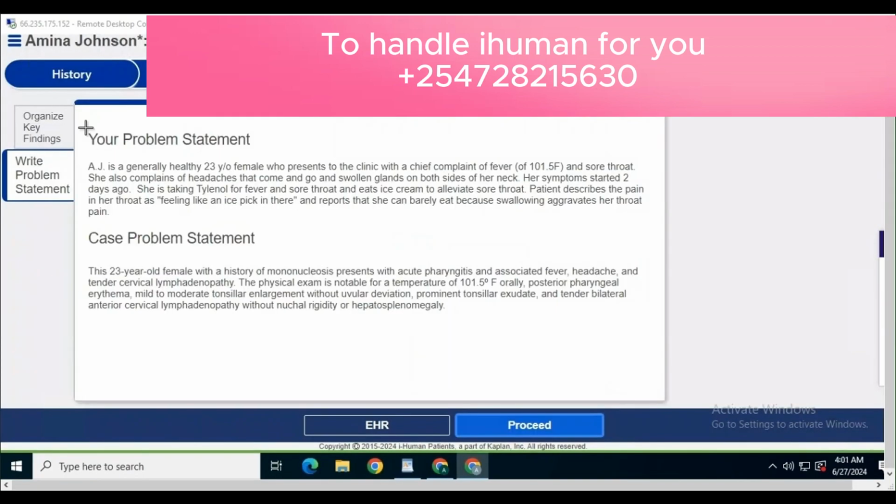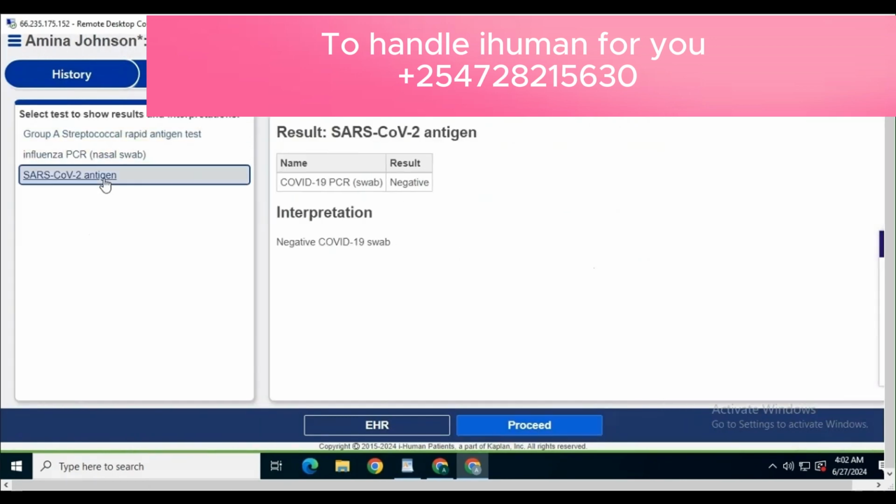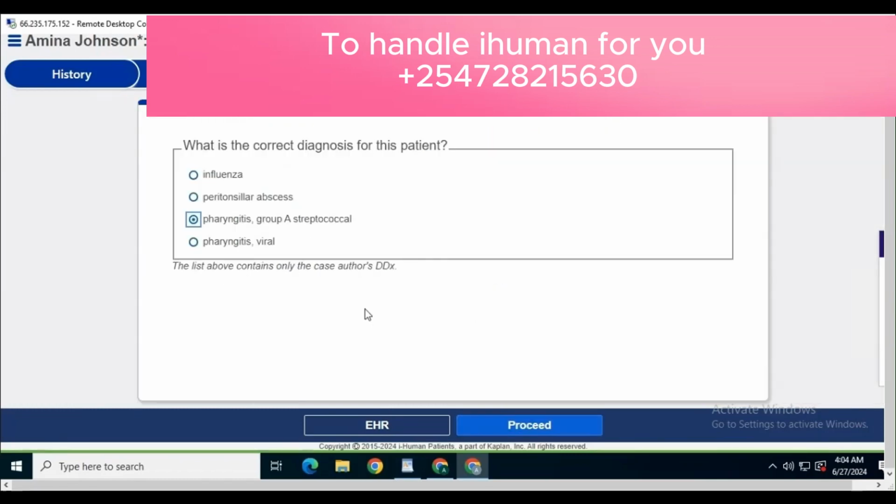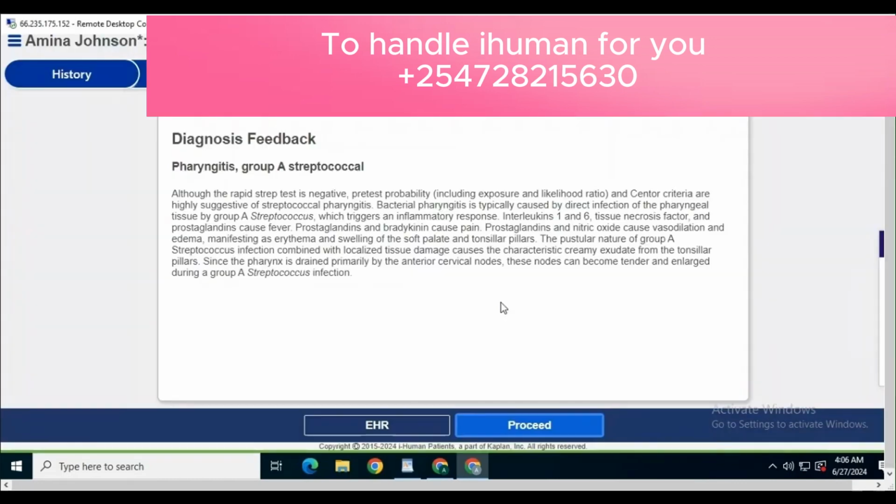As you can see, in this case, the test was carried out by the case, so you simply have to assess that data and use it to get the right diagnosis, which in this case was pharyngitis, group A streptococcal.